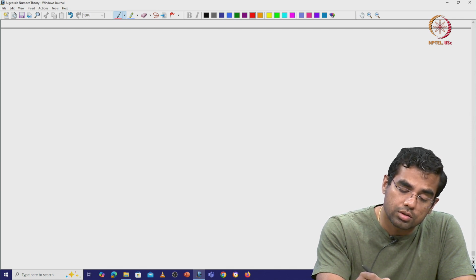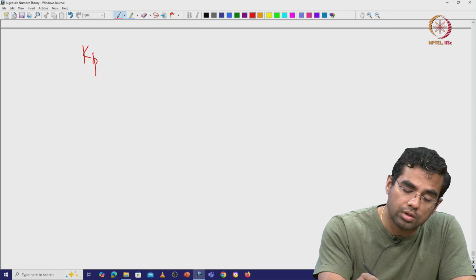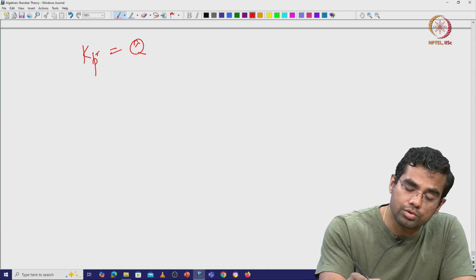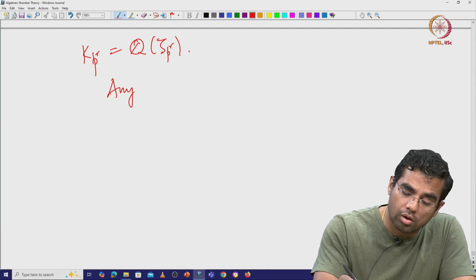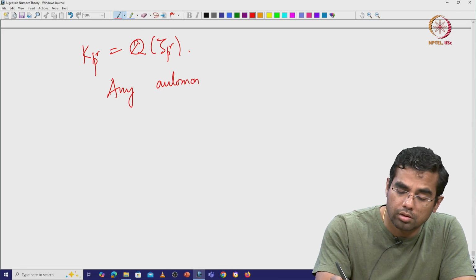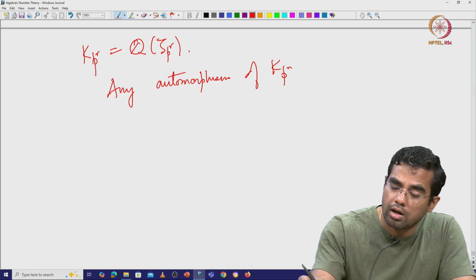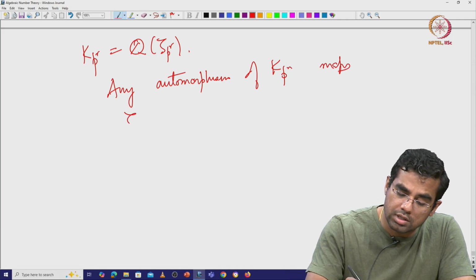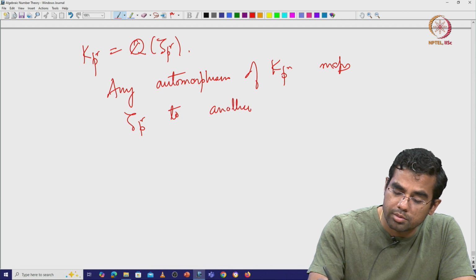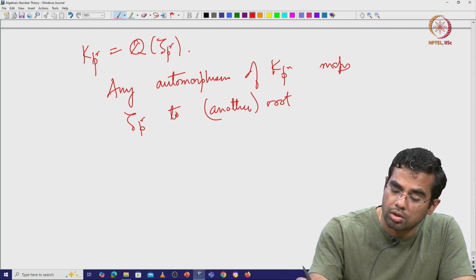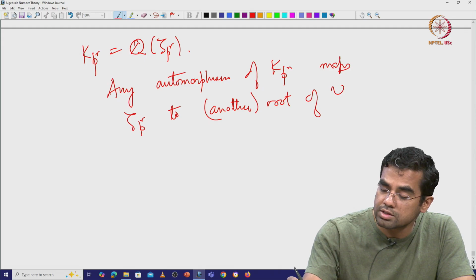So you see that k p to the r is Q zeta p to the r. So, any automorphism of k p to the r maps zeta p to the r to possibly another root of psi p to the r x equal to 0.